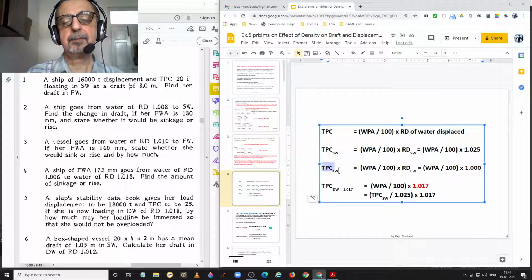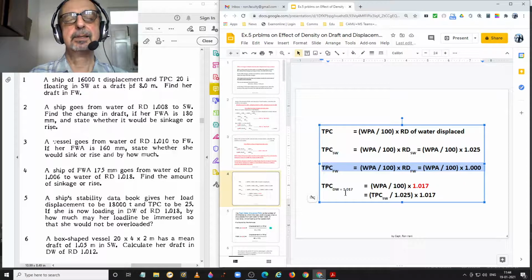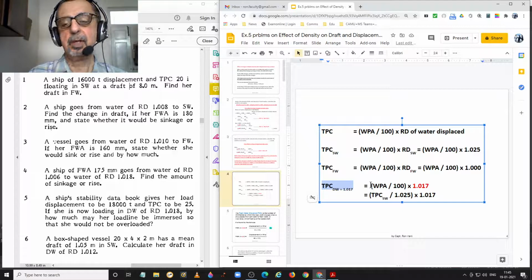Likewise, TPC in fresh water is equal to water plane area divided by 100 into relative density of fresh water, which is equal to 1. Now, for example, let us take the dock water relative density to be 1.017. Therefore, TPC in dock water of 1.017 is equal to water plane area divided by 100 into the relative density of the water in which it is floating, which is 1.017.